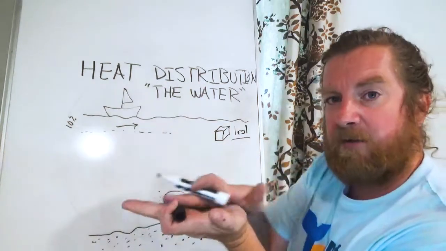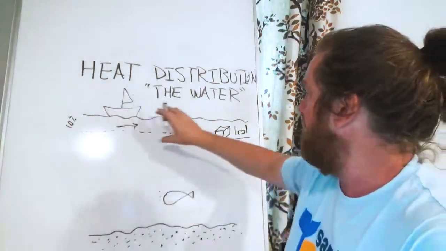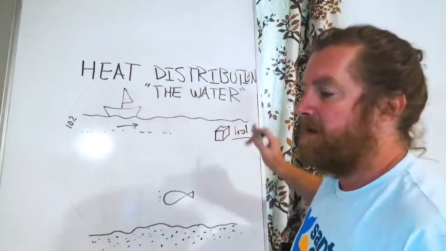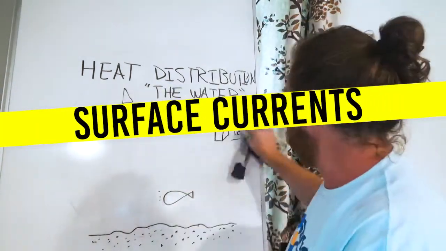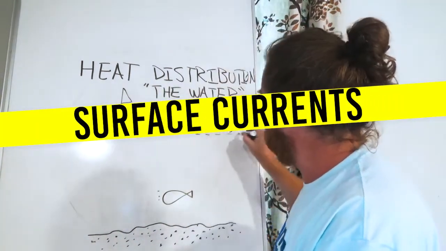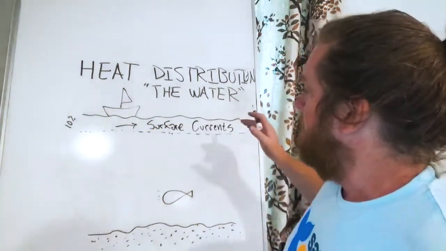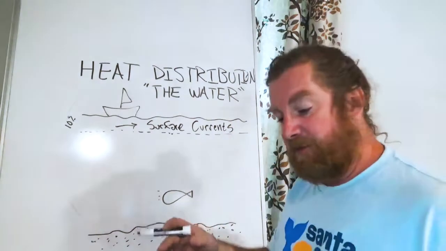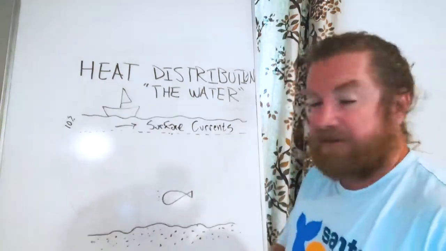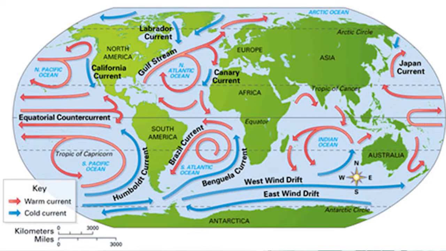As the wind is blowing across the ocean, it drags some of the water along with it. So you can see I've labeled these here surface currents. Surface currents, there are lots of them. And here you can see this is an image of the major surface currents on planet Earth.